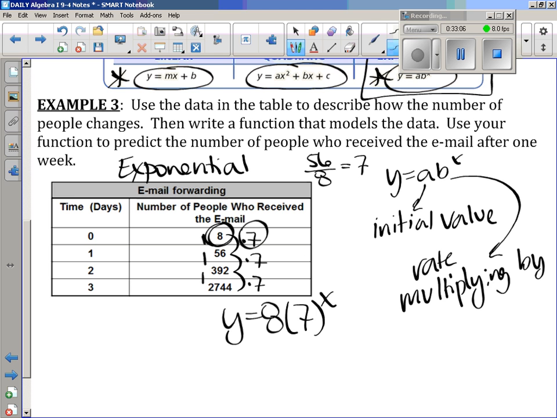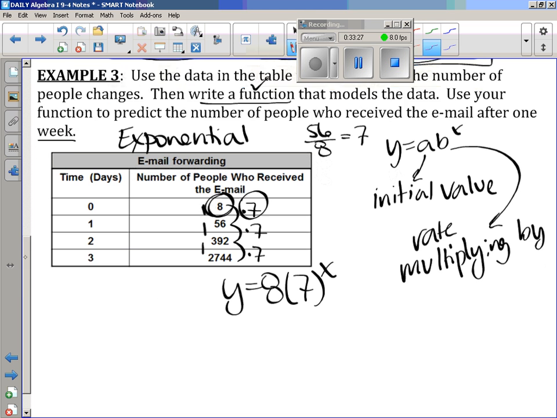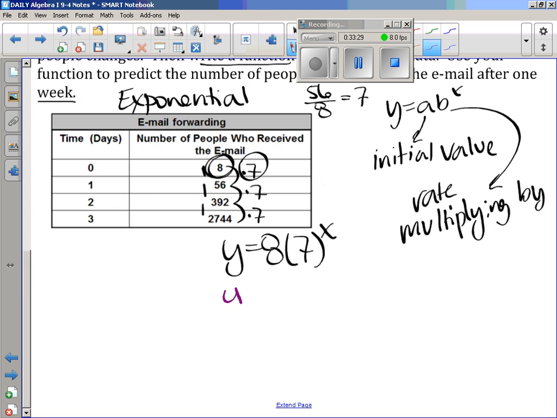So the last piece of this, so we wrote a function that modeled the data. Then they want us to use the function to predict the number of people who receive the email after 1 week. So how many days are there in a week? 7. So we're going to plug in 7 for my exponent and see what we get.